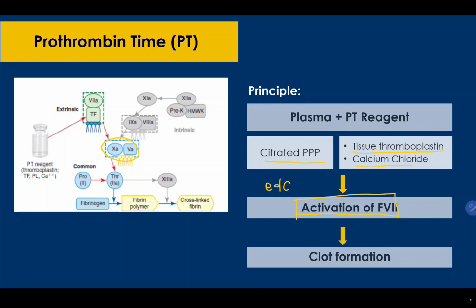Then factor 10A along with factor 5, phospholipid, and calcium converts prothrombin to thrombin, which subsequently converts fibrinogen to fibrin. The time from the addition of the reagent to the formation of the clot is reported as the prothrombin time result.